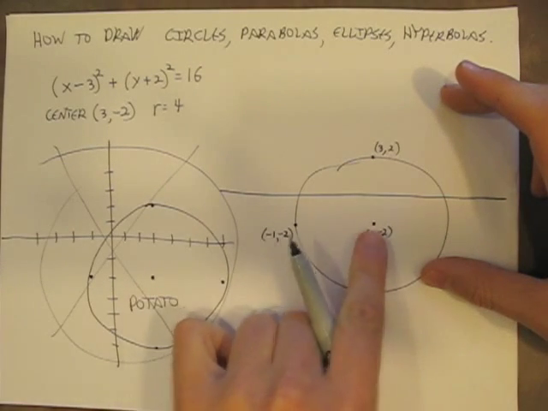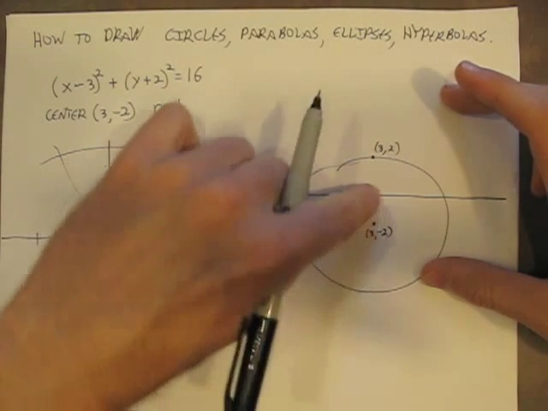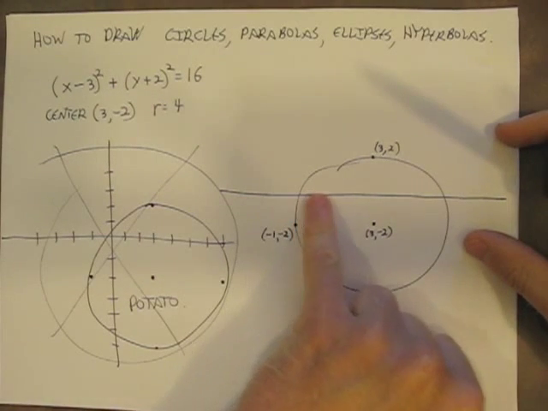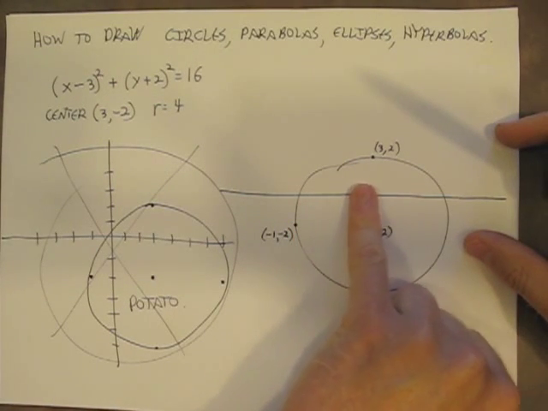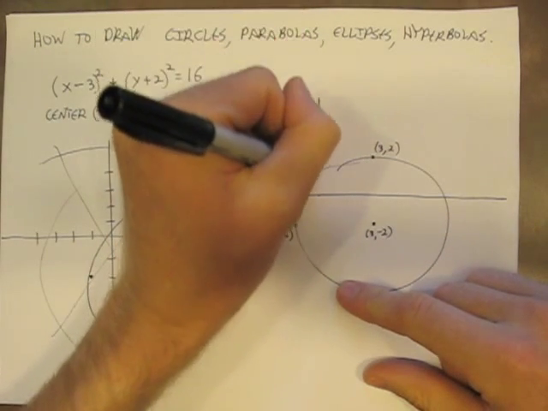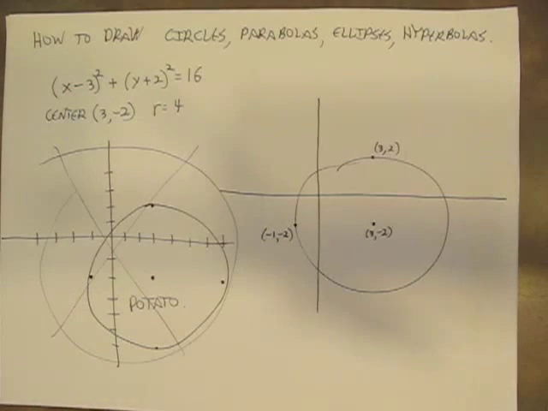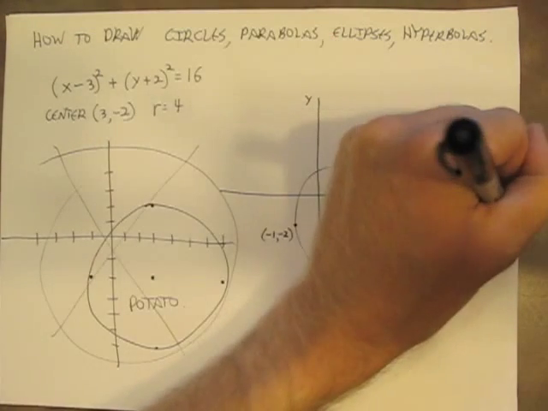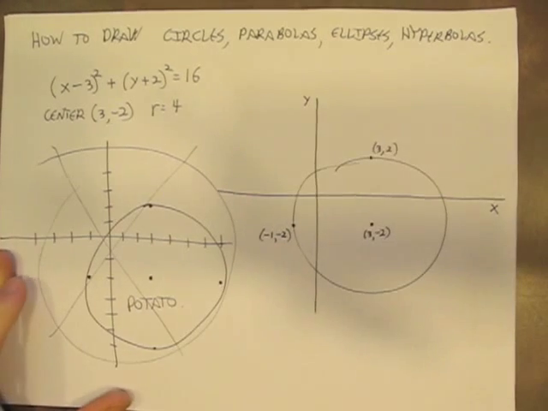And then I know that it's going to be about 3/4 of the way this way, so if I go 1, 2, 3, 4, somewhere right in there, that's going to be my other axis. So this is my x-axis, this is my y-axis.